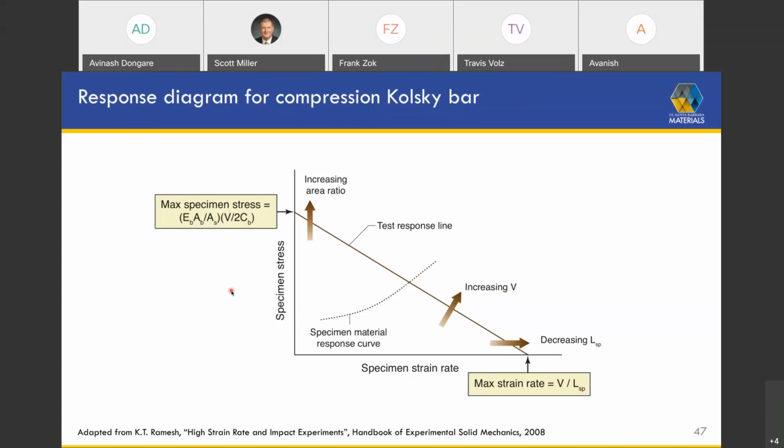So one needs to think about all of these types of things in ultimately designing the cleanest possible experiment for a given material with some understanding of what the strength will be approximately and what sort of strain rates we want to access. Okay. All right.